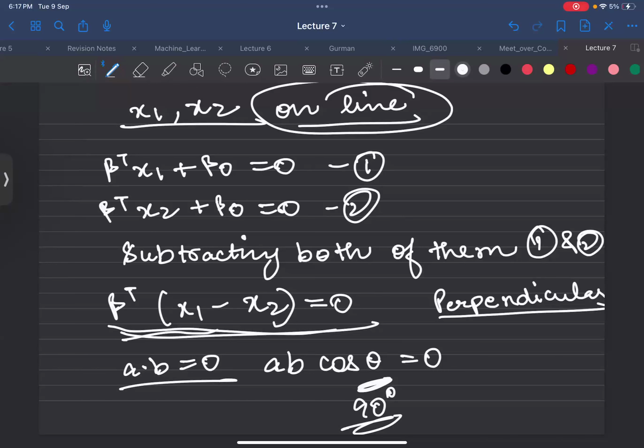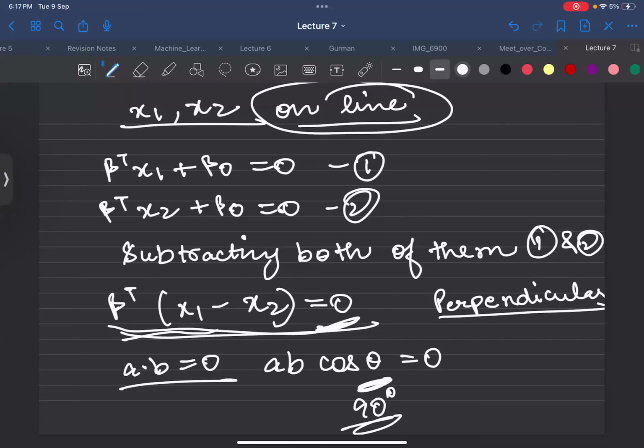Remember, cos 90 is 0. Maybe you are mismatching. Sin 90 is 1, sin 0 is 0, cos 0 is 1 and cos 90 is 0. Fine?